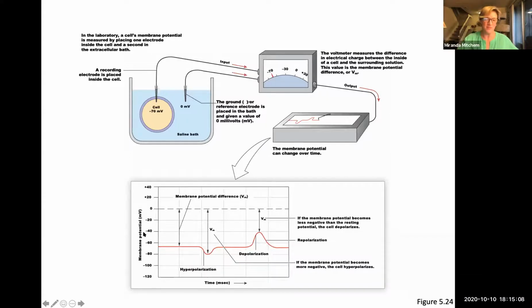Those are just because of the chemistry of the membrane potential. Your book labels the repolarization following depolarization. It does not label it following the hyperpolarization, but both of those events are repolarization. A repolarization is when we get back to resting. So it can come from either direction. It's just getting back to that steady state.